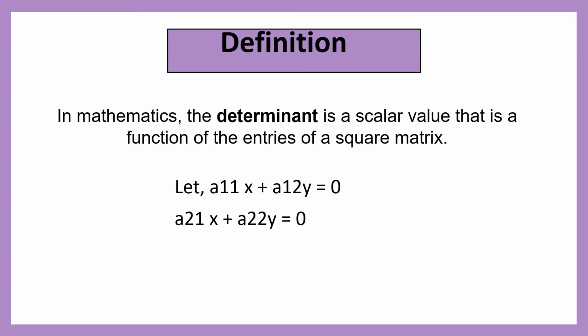Let a11x plus a12y is equal to 0, a21x plus a22y is equal to 0. By eliminating x and y, we get the expression a11 a22 minus a21 a12 is equal to 0.